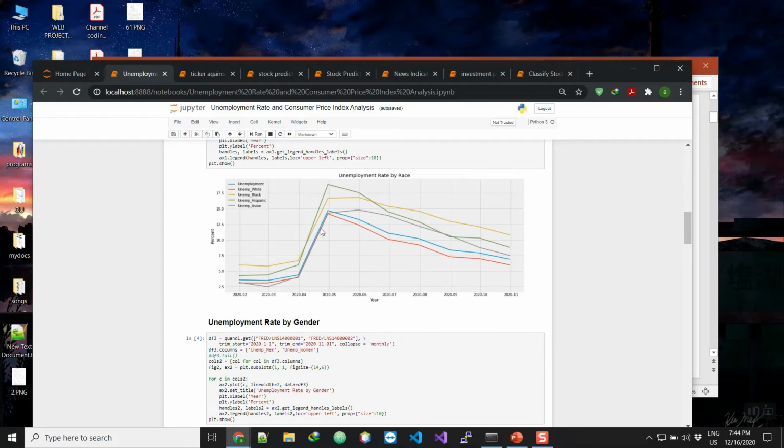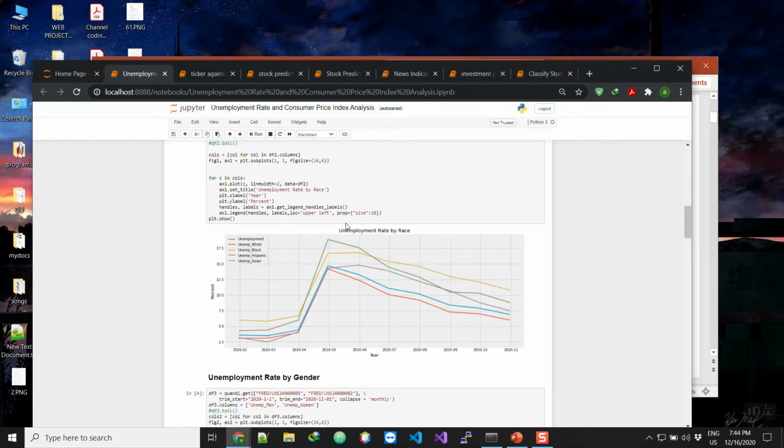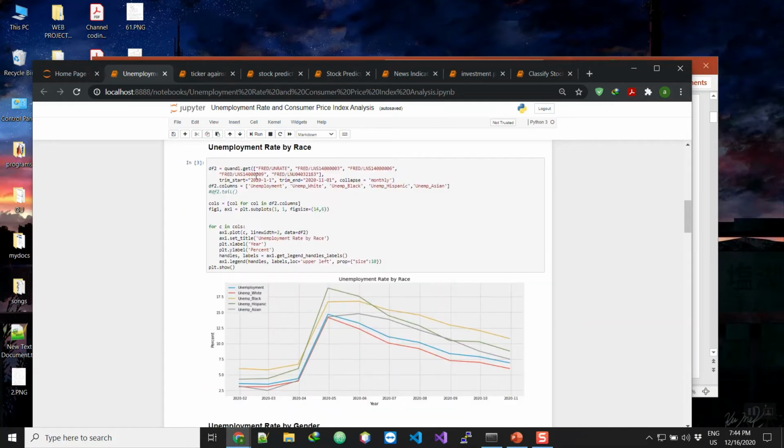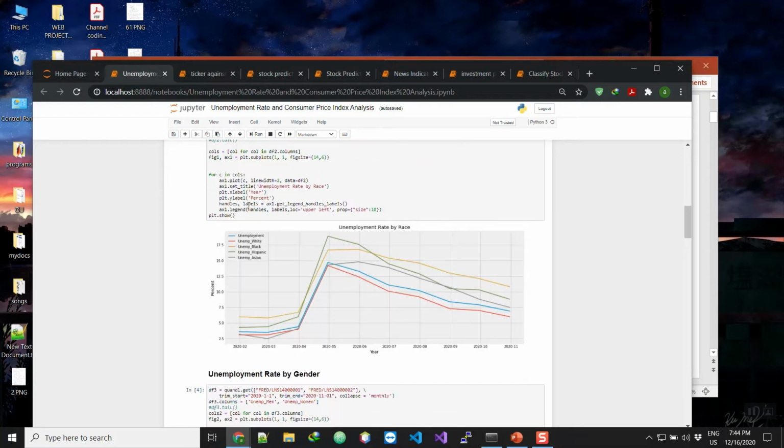So I did analysis on unemployment by race, which are all data sets or databases reported by the federal government. We can see a significant increase in unemployment rates in the month of May, between April and May, which is when the pandemic hit the hardest and jobs closed.